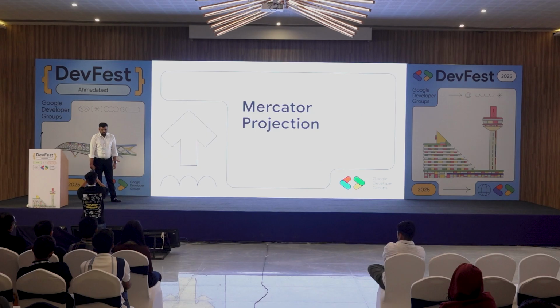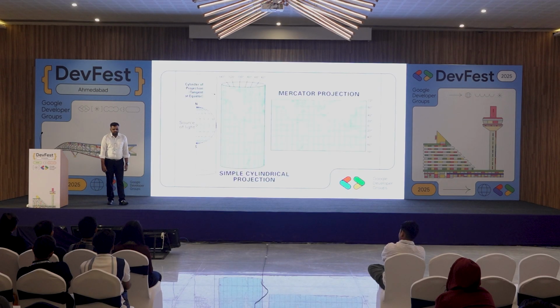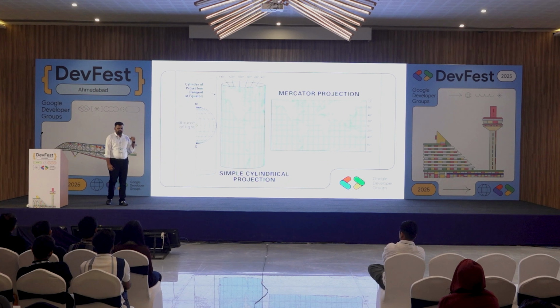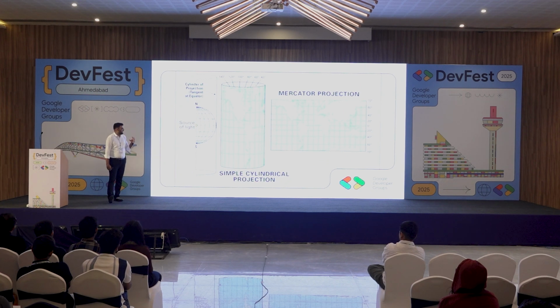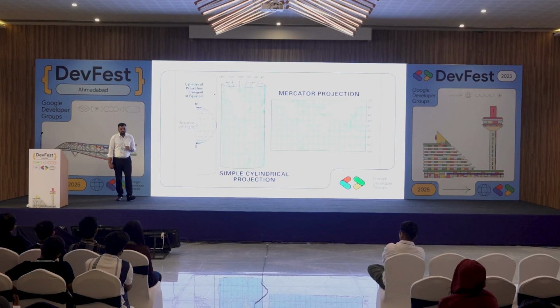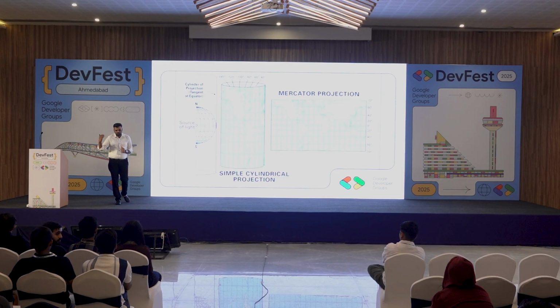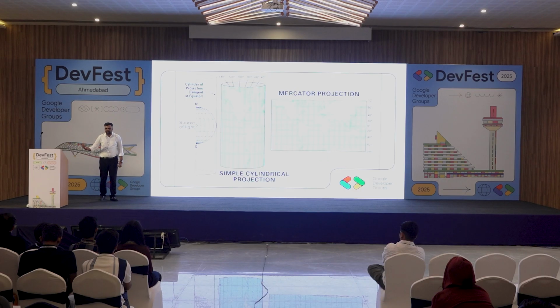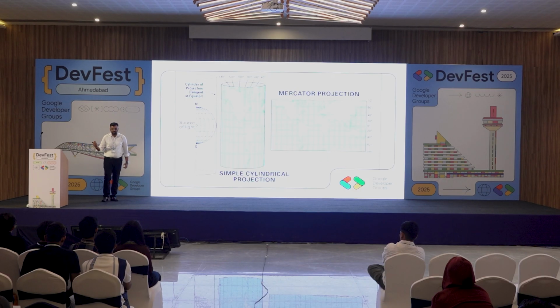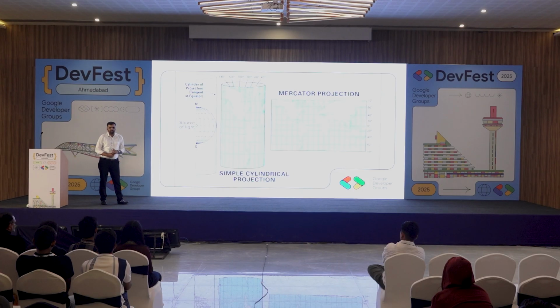We have mentioned latitude and longitude. We know Earth is a sphere, so that data is in a spherical form. How can we project it to the 2D world, because our displays are 2D systems? It requires a 2D representation of the sphere.